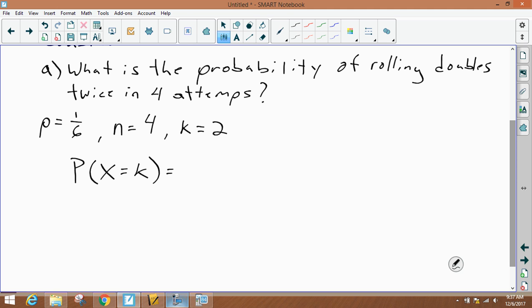Okay. So n choose k, and that was 1/6 to the kth power times 1 minus 1/6 to the 4 minus 2.